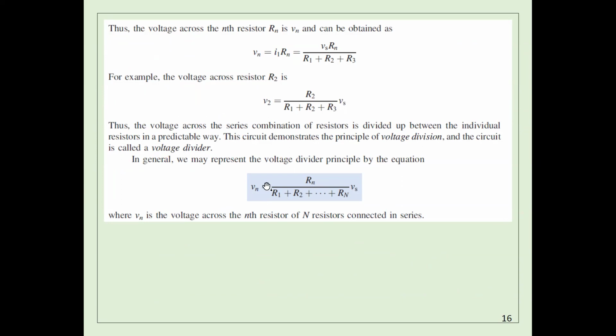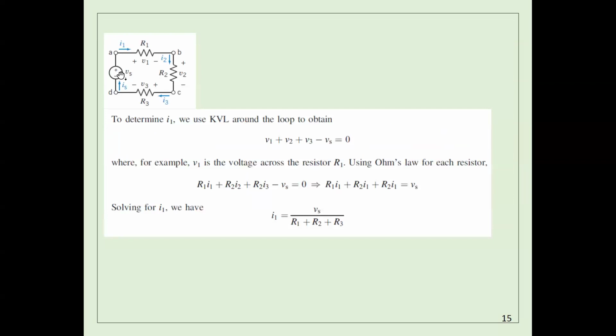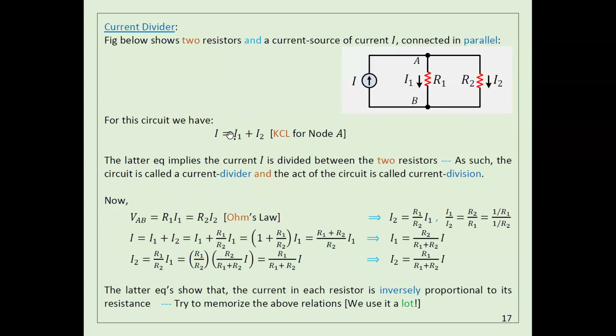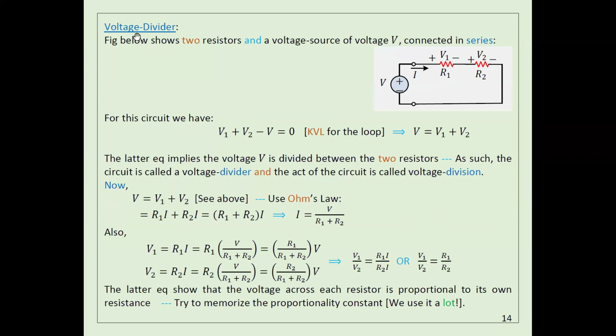If it is more than 2, the voltage at resistor n equals Rn divided by the total times V. Any questions? This is called a voltage divider. You can tell from the English name: you have a voltage and then you divide it across several resistors.